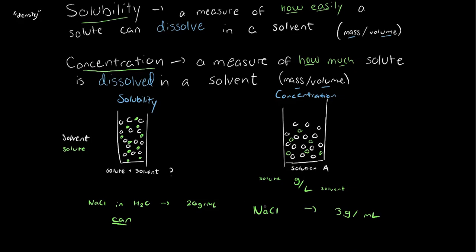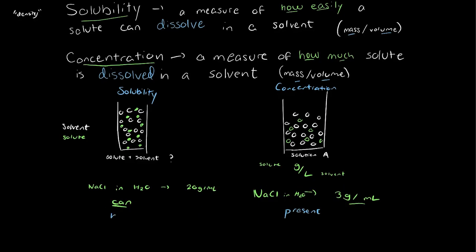However, concentration of sodium chloride in water being 3 grams per milliliter, that basically suggests the existence of a solution that has this amount of sodium chloride per this amount of water. So, while concentration refers to a present state, solubility is more of a hypothetical state.